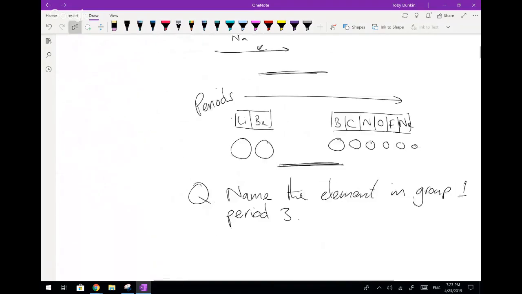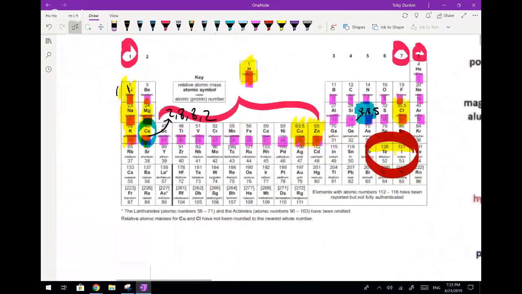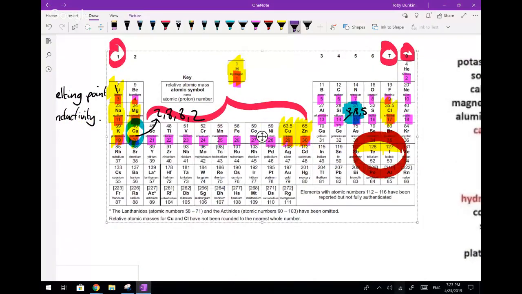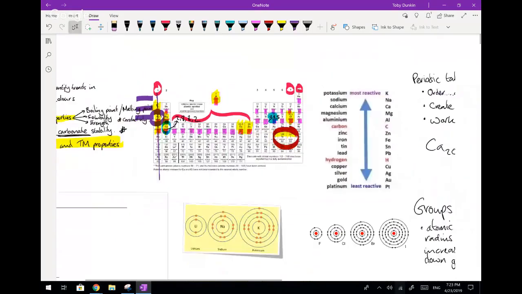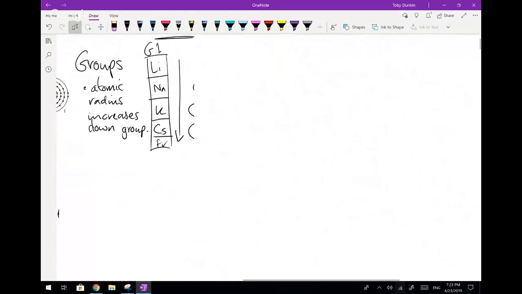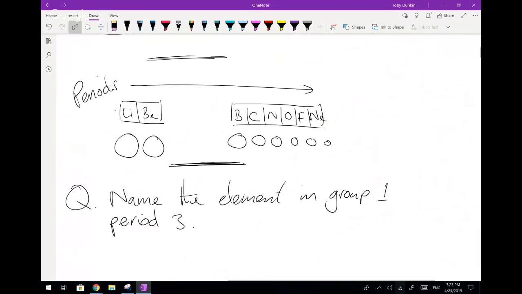You drop straight into your periodic table and go, right, I need group 1, so column number 1, and period number 3. 1, 2, 3. It's easy to make that mistake. Everyone misses the top row, by the way, because hydrogen's often set off to one side. So the answer would be sodium in this case. They're testing that you know what the words mean. It's like a grid system for the periodic table, to be able to isolate particular elements. But that's all you need to know at GCSE.